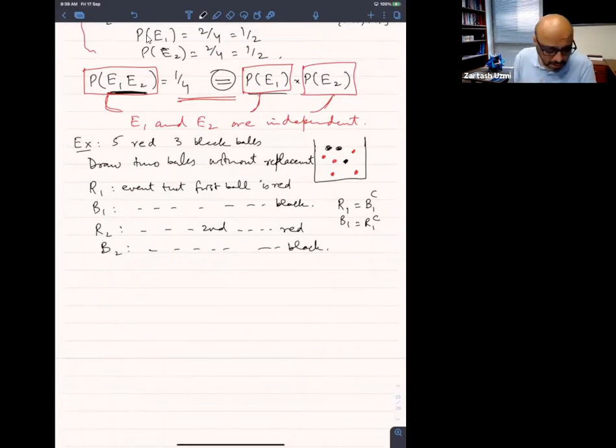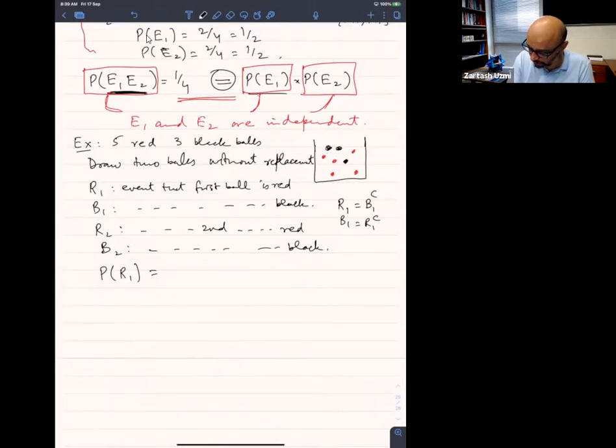I'm going to ask some very simple questions. What is the probability of R1? Answers in the chat window. So actually everyone is saying 5 by 8 except for Hamd, who thinks that this is 1 over 5.